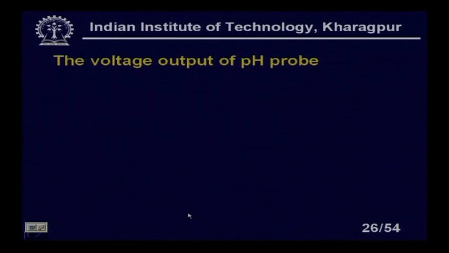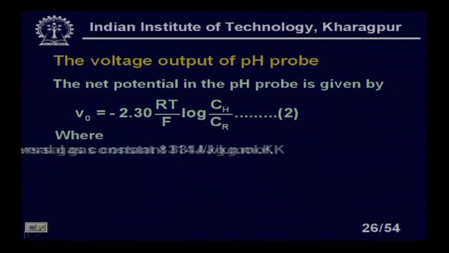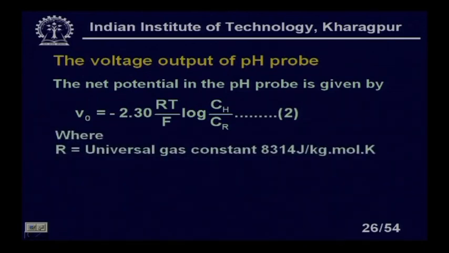The voltage output of the pH probe: the net potential in the pH probe is given by these expressions. V naught equals minus 2.30 RT by F log of CH by CR, equation number 2, where R is the universal gas constant, 8314 joule per kg mole per Kelvin.